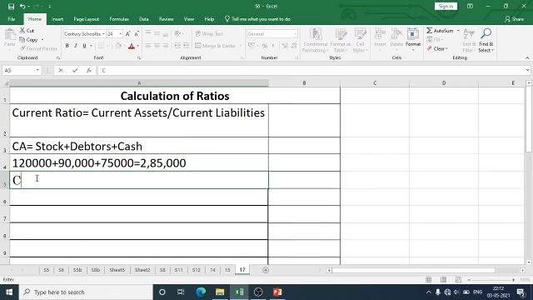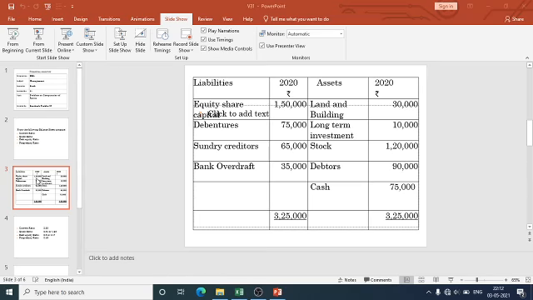So current liability will be the component of the liability side. Here two values are there, sundry creditors and bank overdraft.